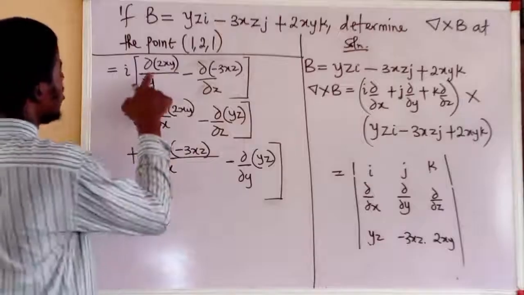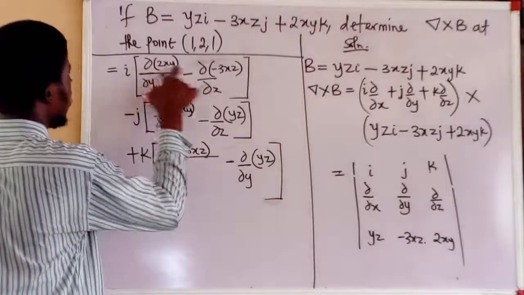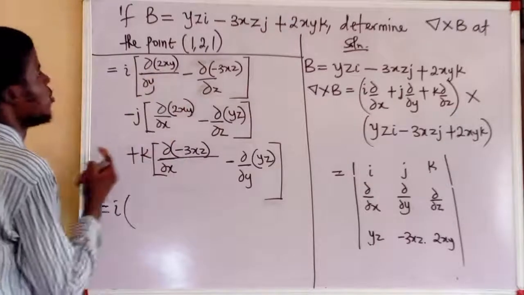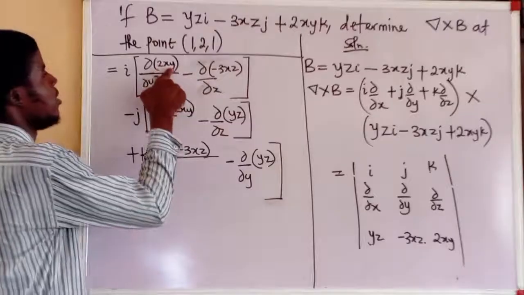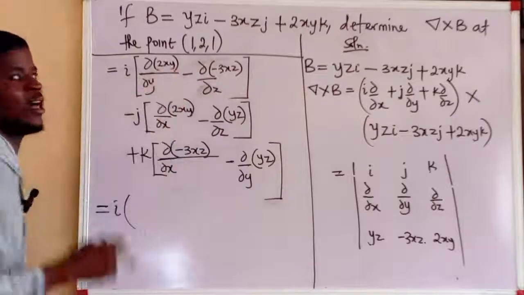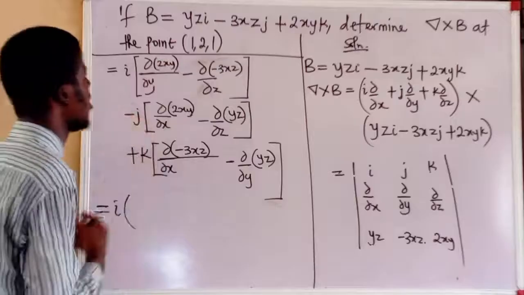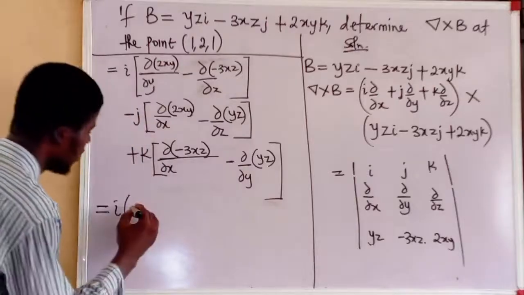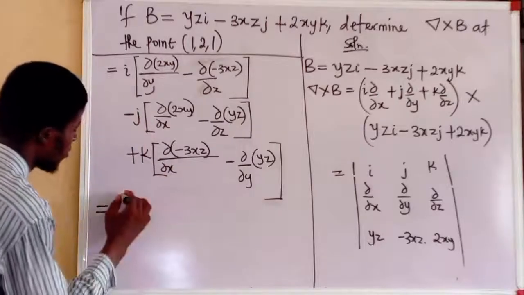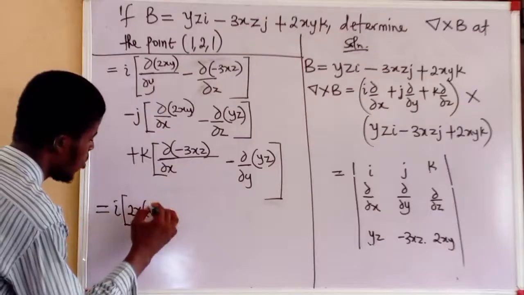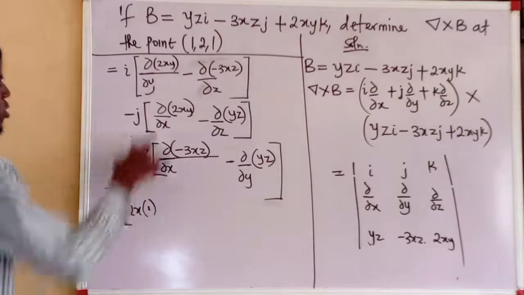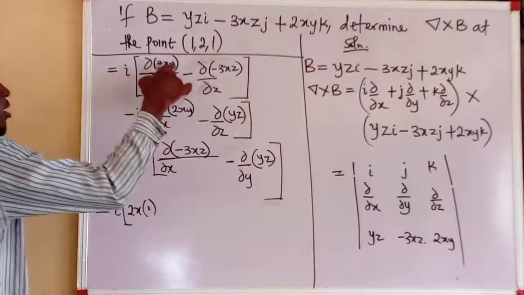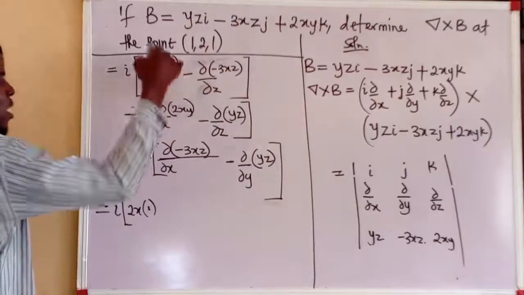i into, let's differentiate this with respect to y, keeping x constant. So if we keep 2x as a constant, differentiate y with respect to y, that's 1. 1 times 2x, that's 2x.